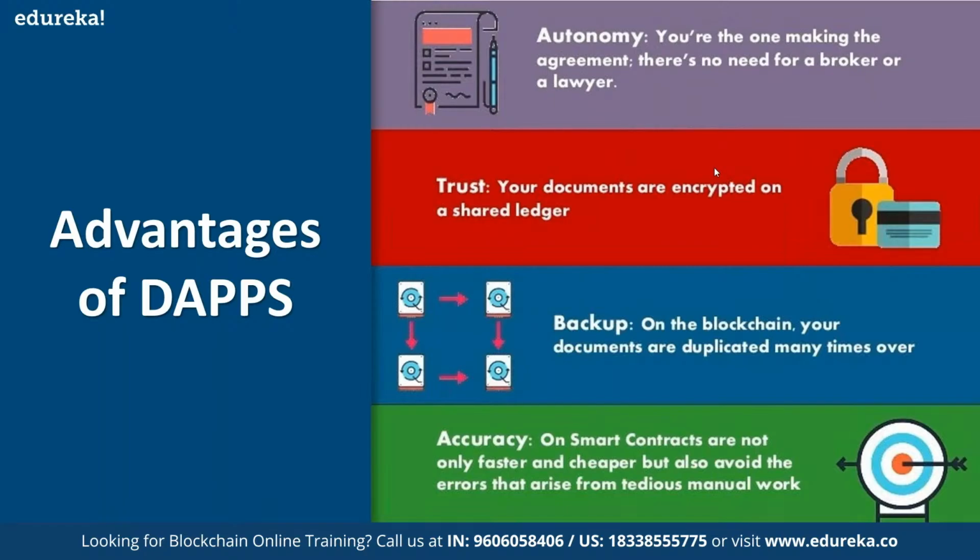The documents are encrypted on a shared ledger. With the backup on the blockchain, your documents are duplicated many times over. And accuracy: smart contracts are not only faster but cheaper, and they also avoid the errors that arise from tedious manual work. So these are some of the important advantages of decentralized applications.